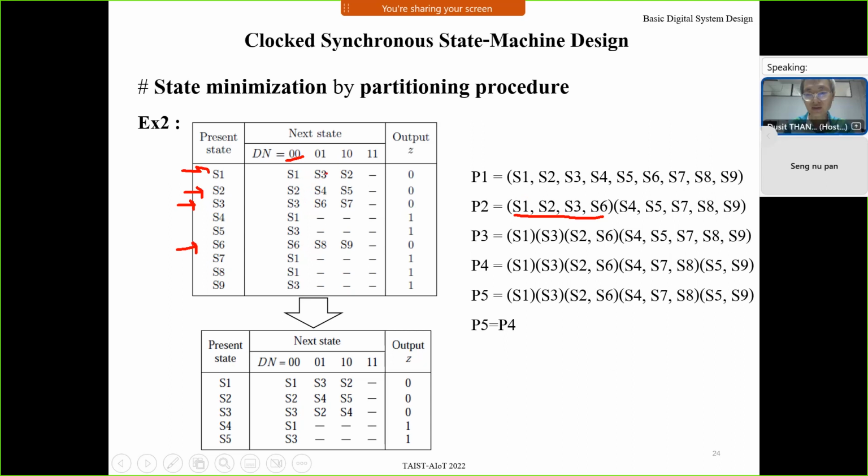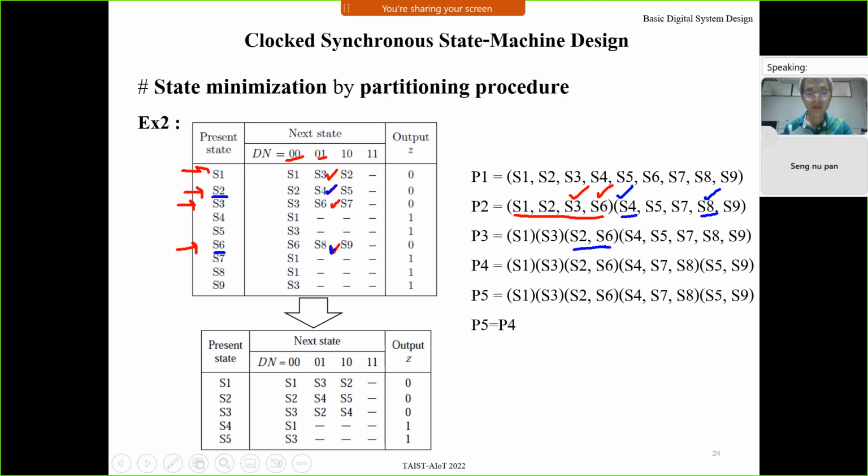But when considering the next input, next state is 3, 4, 6, 8. 4 and 8 are different, not equivalent, right, to S3 and S6, right? So you must separate 4 and 8, namely states S2 and S6, right, from S1 and S3. Okay, separate it.